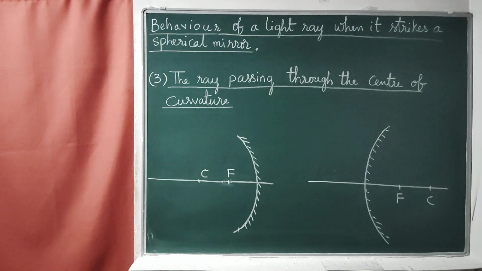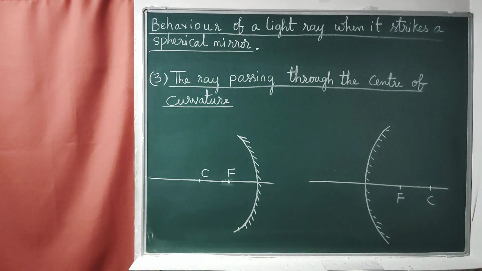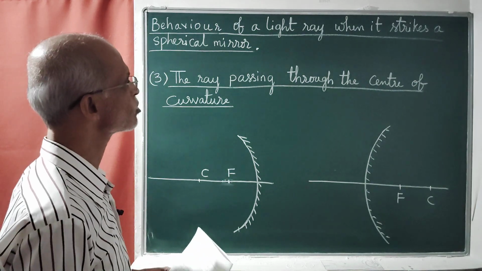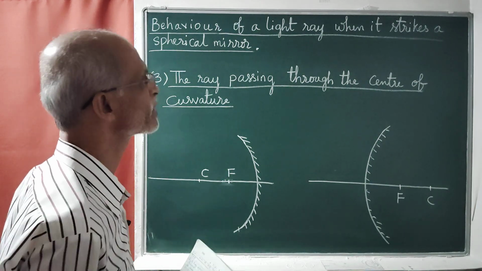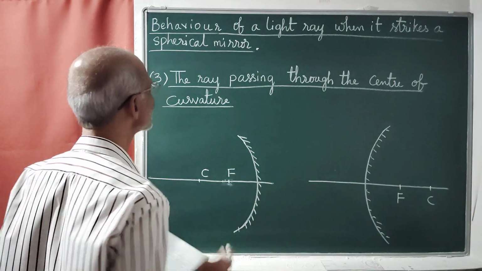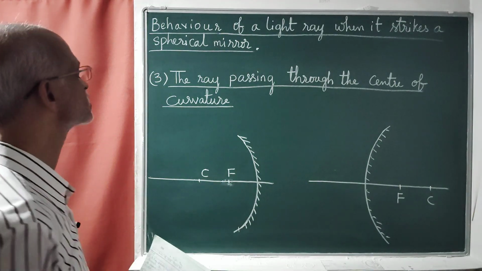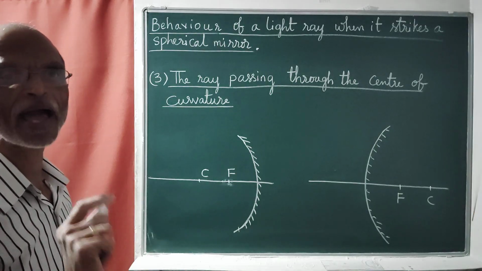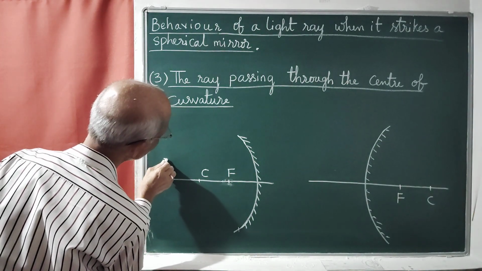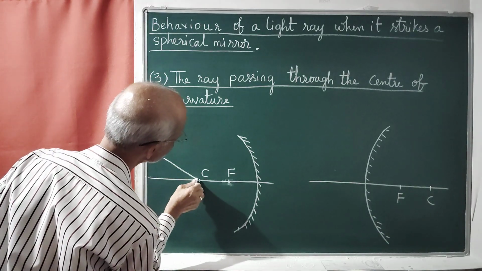Now we will see the ray passing through the center of curvature. How does it behave after reflection? The ray passing through the center of curvature will retrace its way back. See, for example, there is a ray passing through the center of curvature.